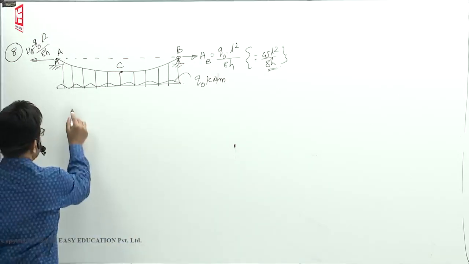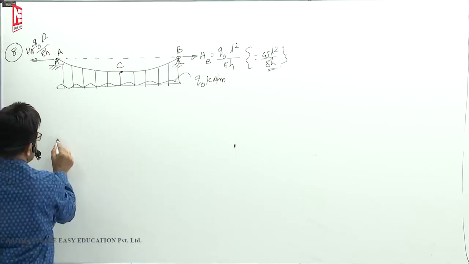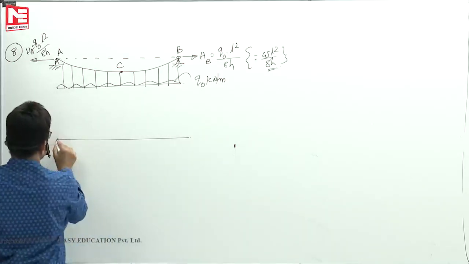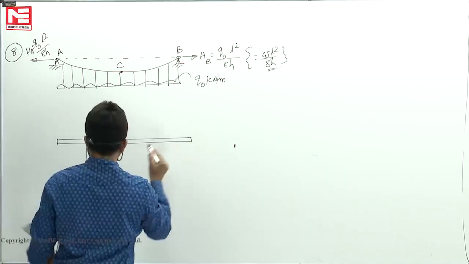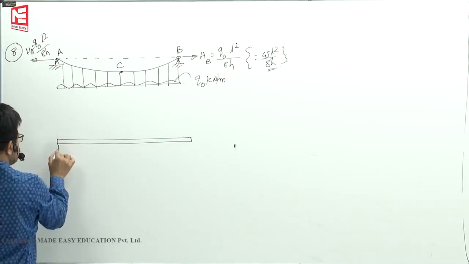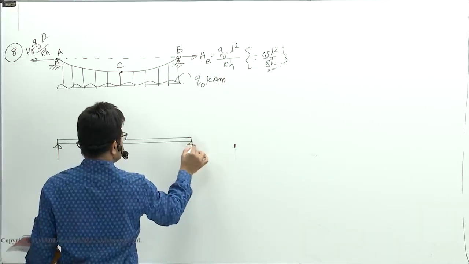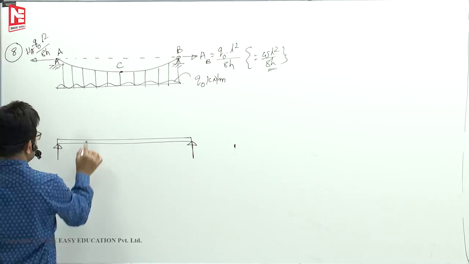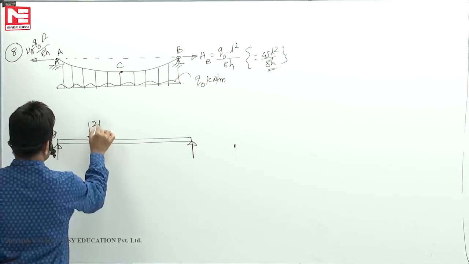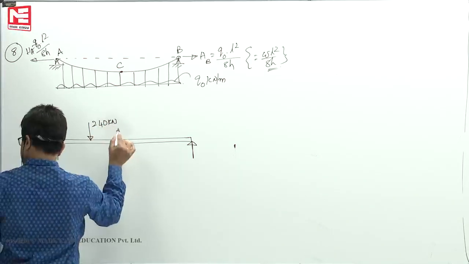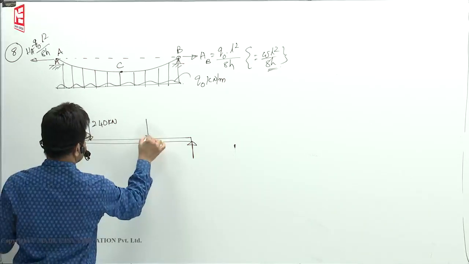Now you want to find that same equivalent UDL must be there on the beam. This is the actual one. We will assume this as an imaginary simply supported beam, subjected to the same loads, 240 kilonewton and here 300 kilonewton.